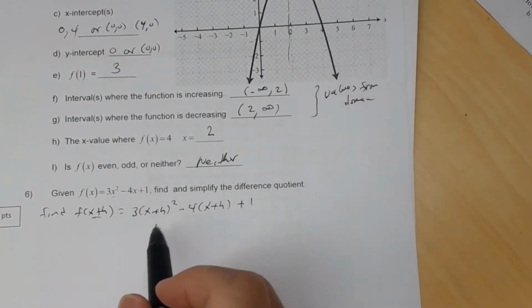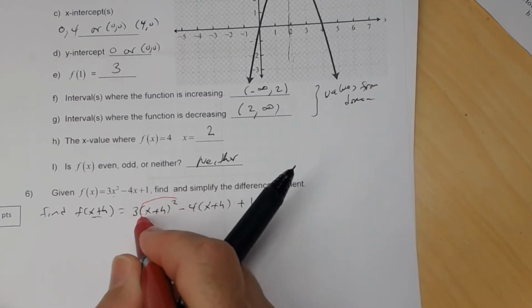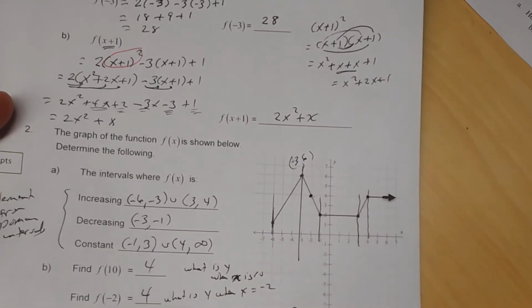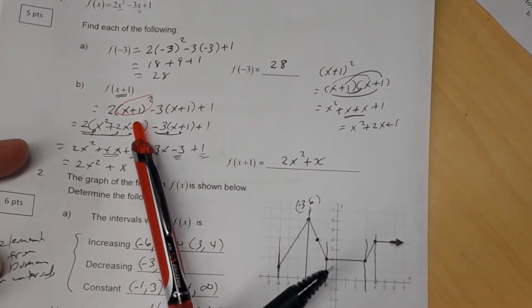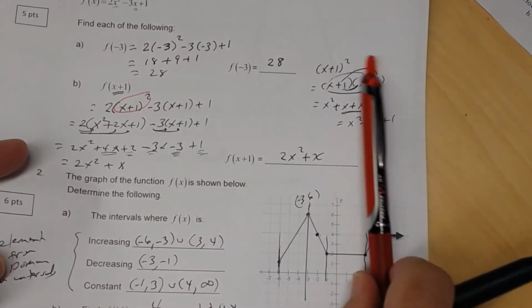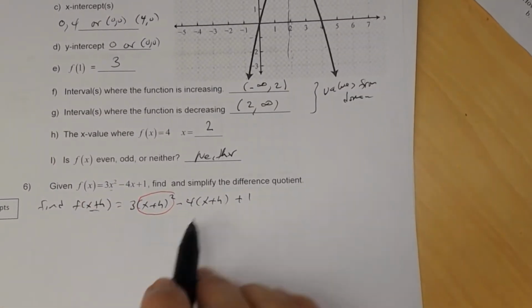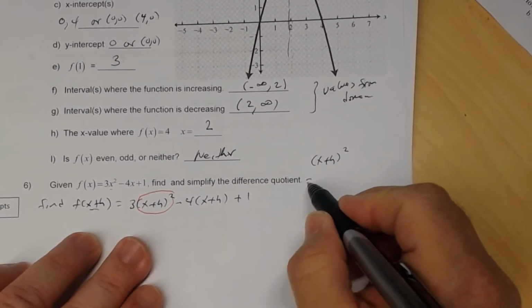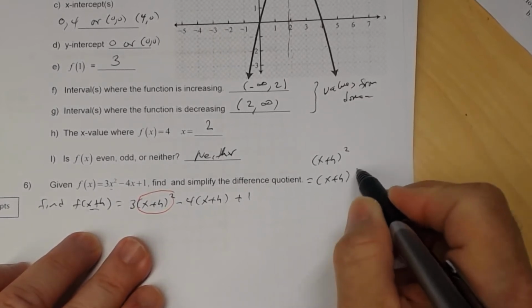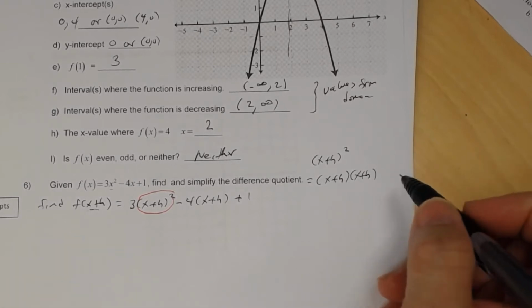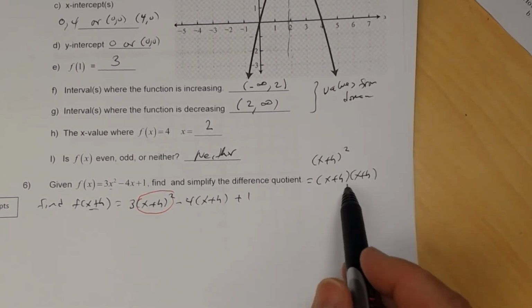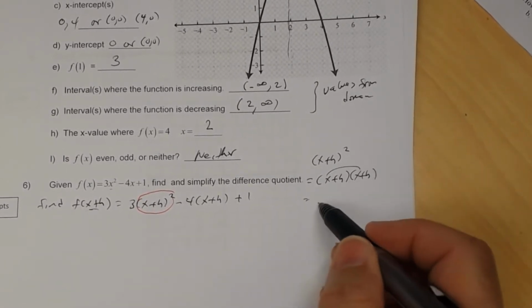Now we've got to figure out what this part is right here. Just like a while ago when I figured out what this was here, x plus 1 squared, you got to do the same thing here. So remember, we went here and figured out what x plus 1 squared was. So I got to figure out what x plus h squared is. Well, x plus h squared means x plus h times x plus h. And so you're going to get x times x, which is x squared.